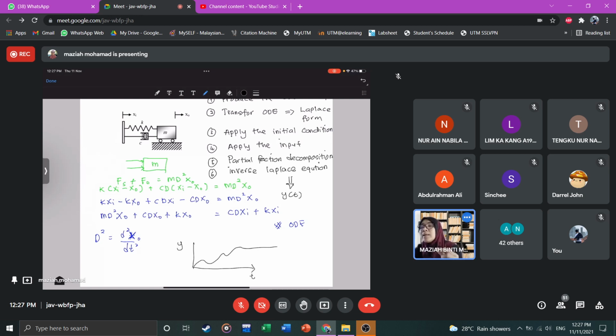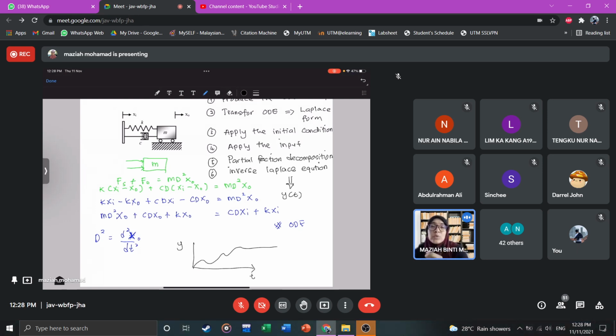This is the step we're going to learn after this. You already learned about the Laplace transform in your ODE course, so you already learned how to convert from ODE into Laplace form. I'm not going to repeat it in detail.